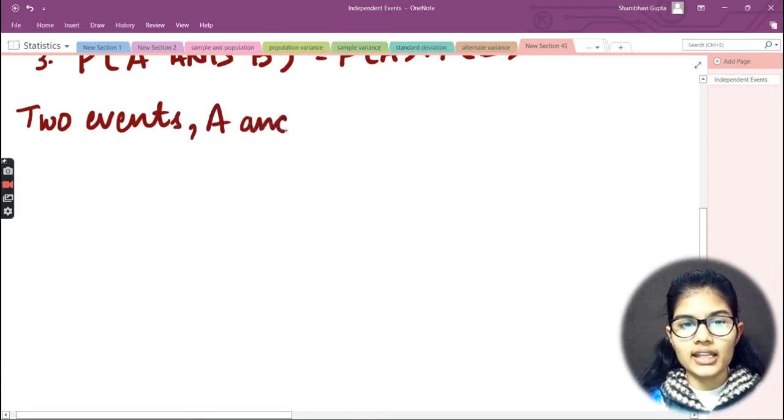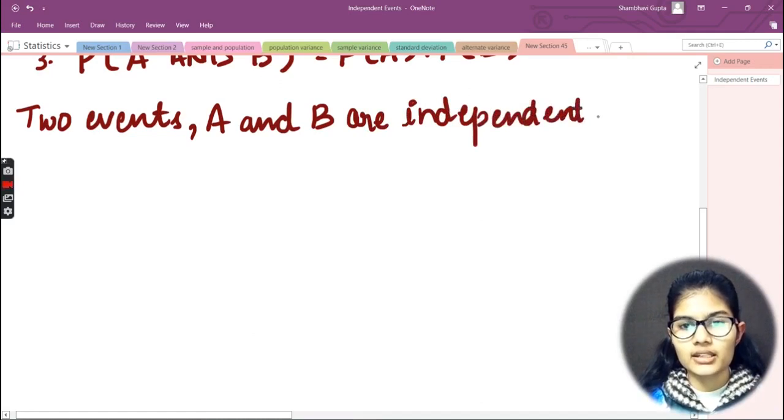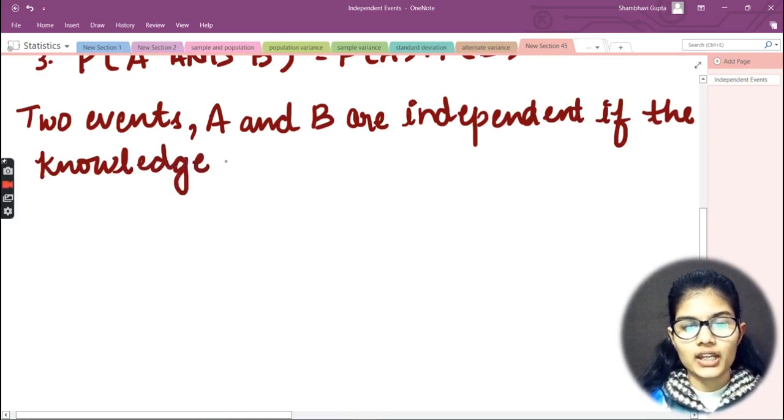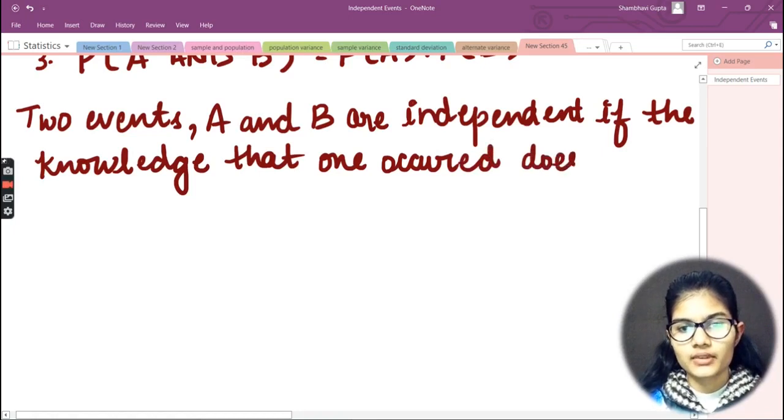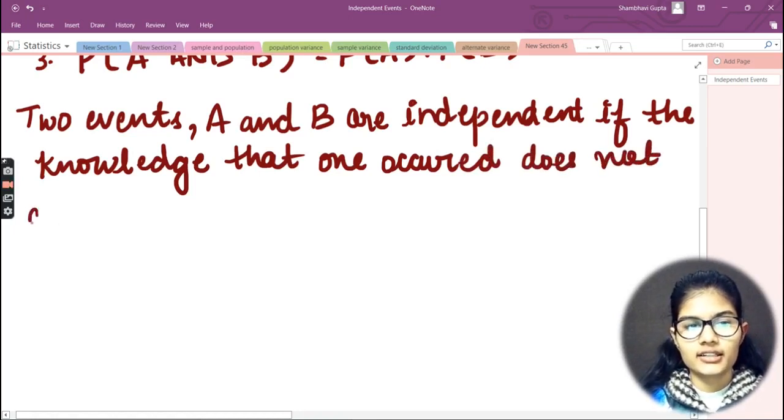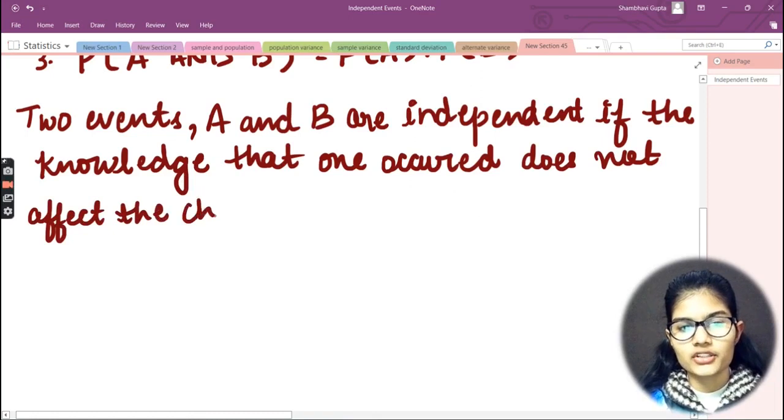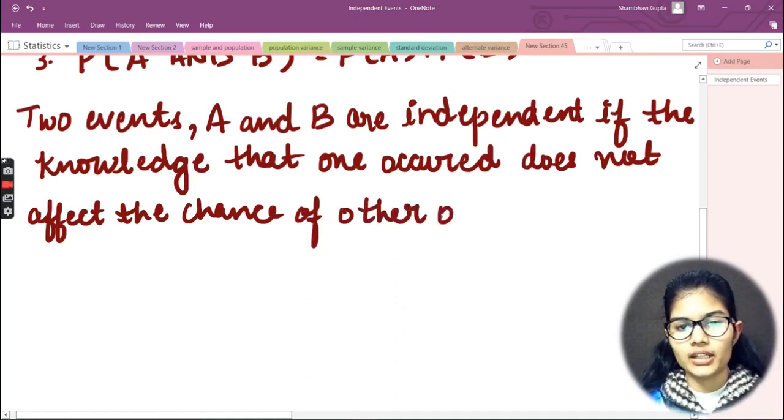Two events A and B are independent if the knowledge that one occurred does not affect the chance of the other occurring.